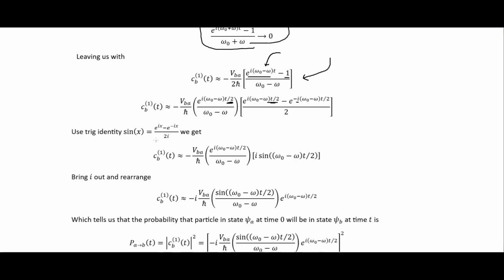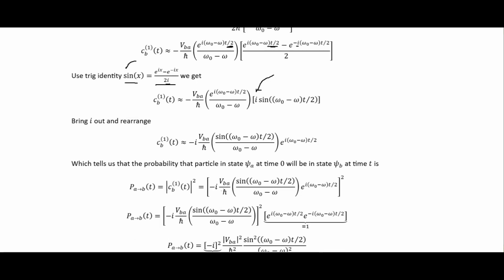So that's where that 1 comes from. Then we use the trig identity that the sine of x is equal to these exponential terms right here. This has the i in the middle, so we'd have to bring that i out front. And so that's what we're doing right here. We bring the i out of there and do some rearranging, and so we end up with this right here.